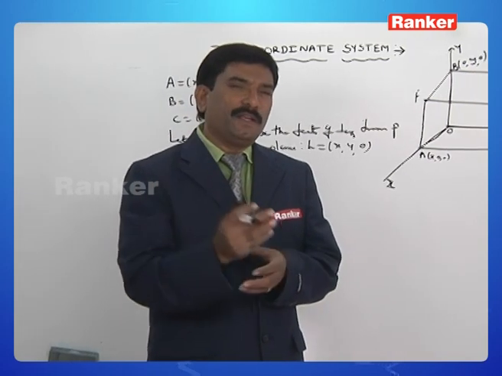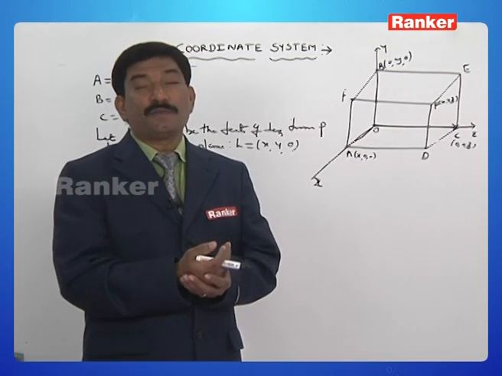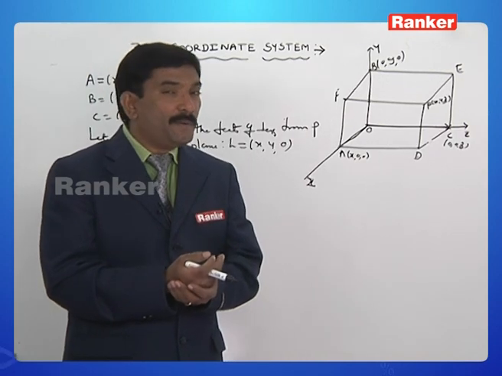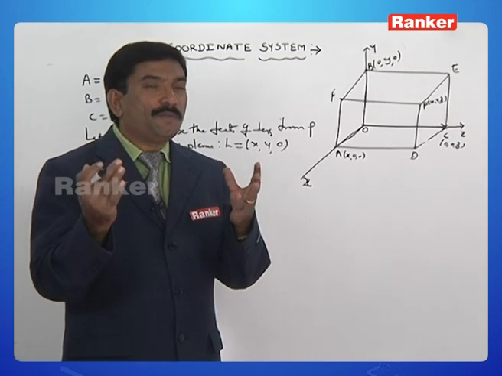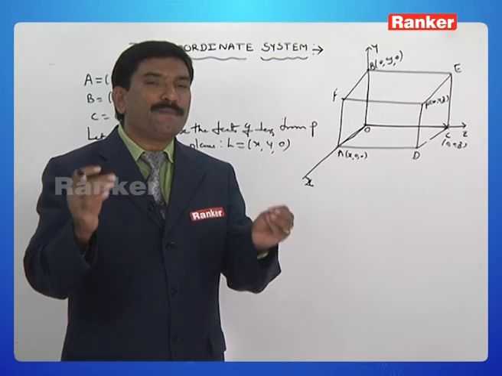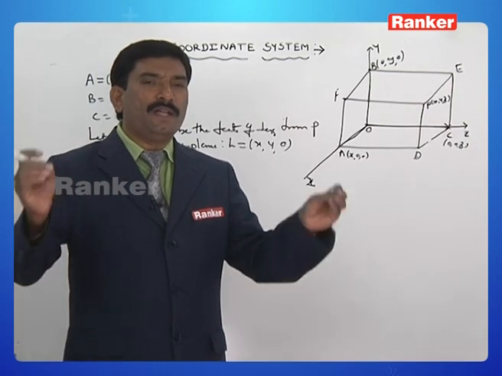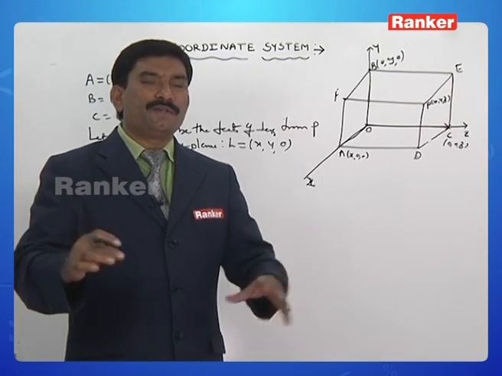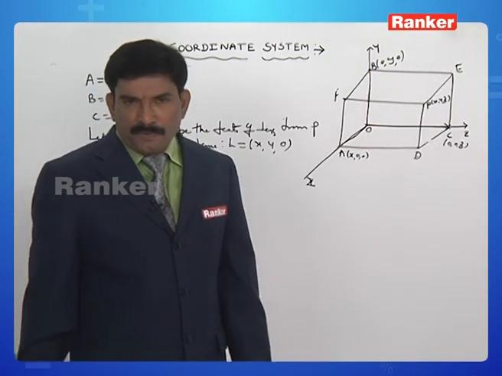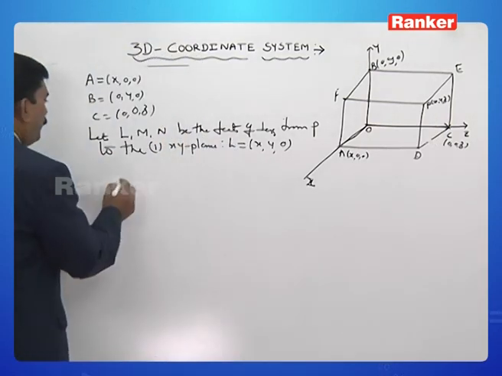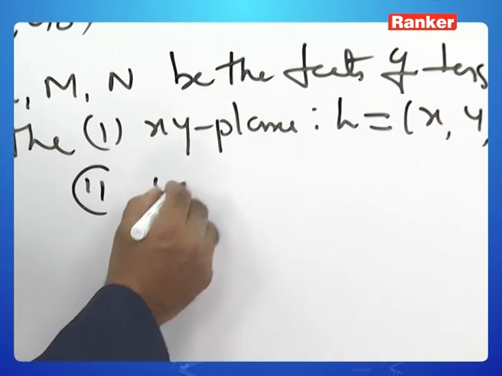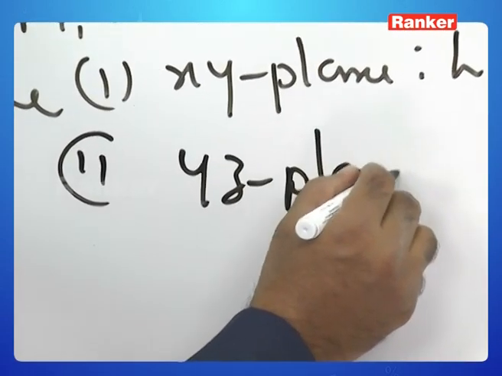On the yz plane, the x coordinate is equal to 0. On the zx plane, the y coordinate is 0, for the feet of the perpendiculars from a point A(x, y, z) to the coordinate planes. So therefore, now I go for the second one, the yz plane.